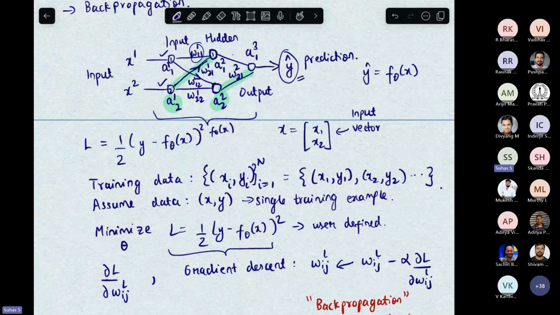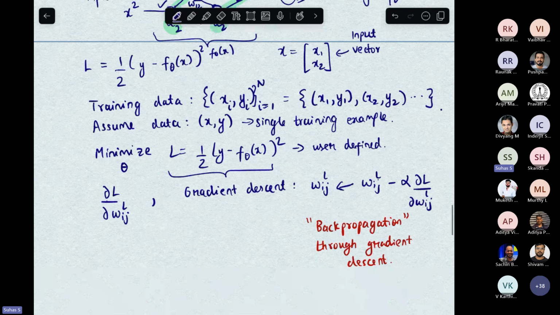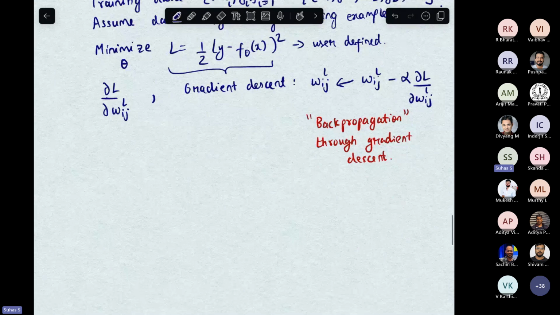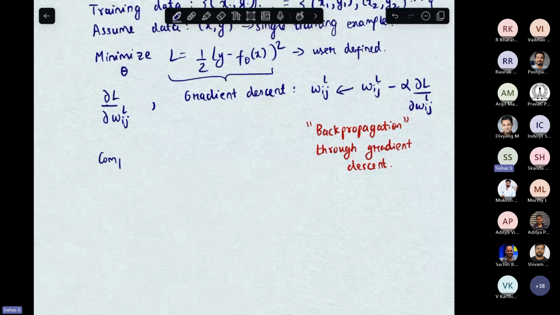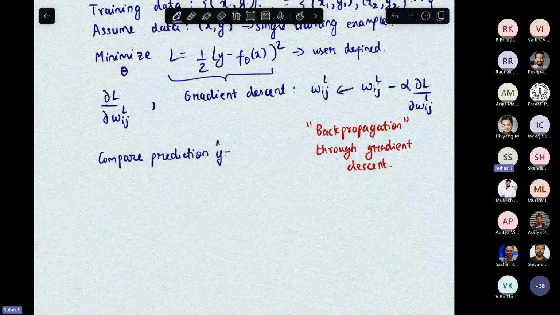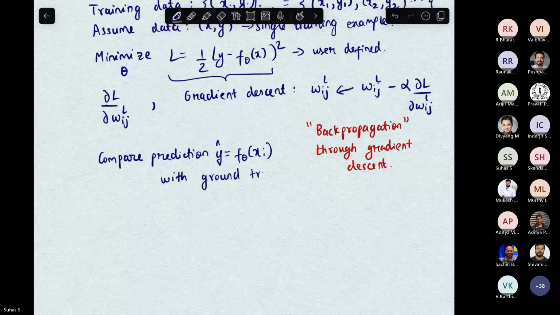What you have is your training data xi, yi, and you will compare the prediction y hat i equal to f theta of xi, where xi is some training example, with the ground truth yi.